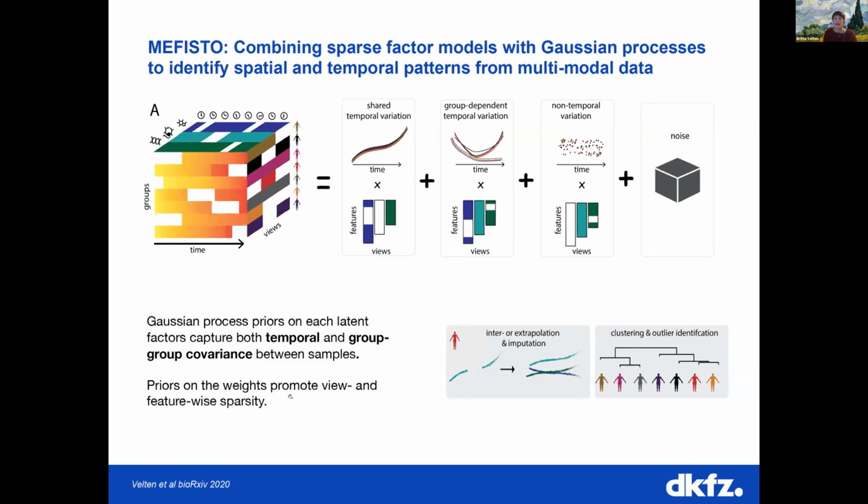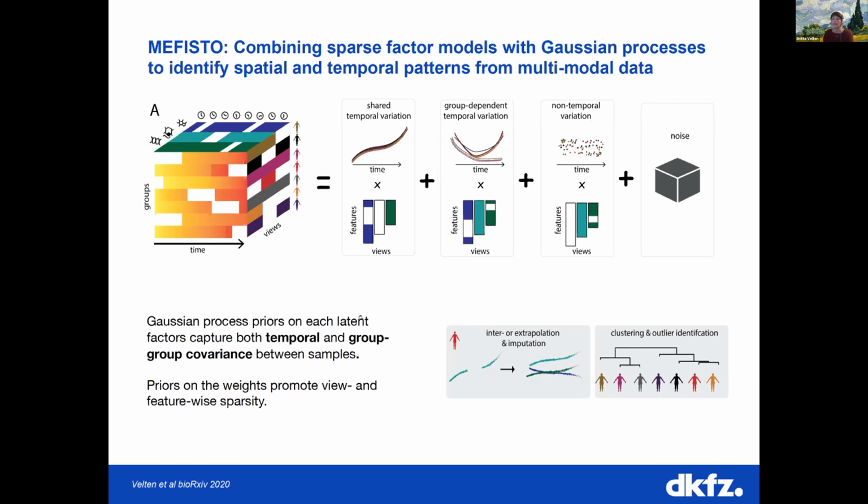So again, we use priors on the weights to promote factor-wise and feature-wise sparsity and again interpretability as in the first framework, but we now have a Gaussian process prior on the latent factors that model both the temporal covariance structure between the samples using a squared exponential kernel and also a group-group covariance structure that tells us how the different individuals are related.